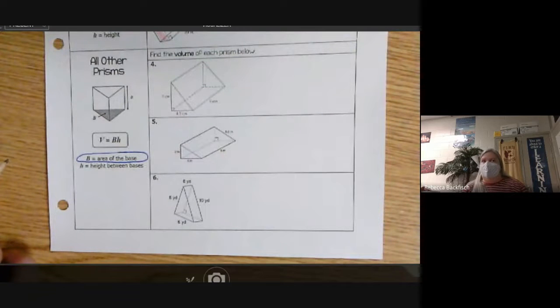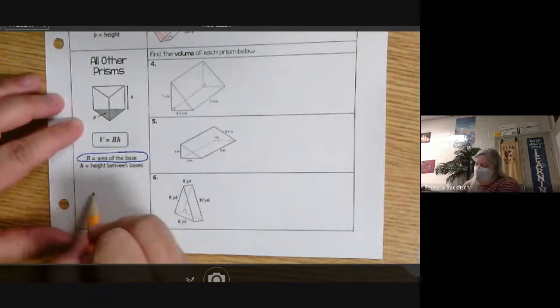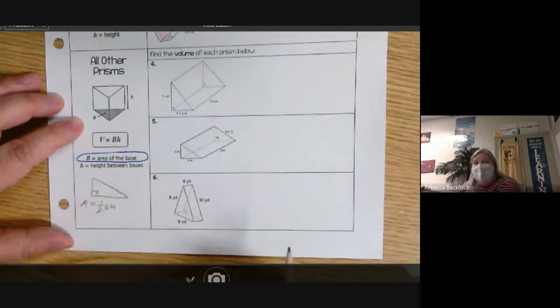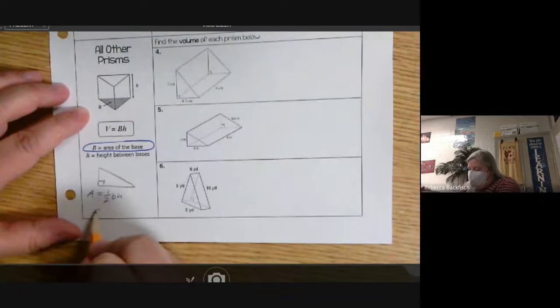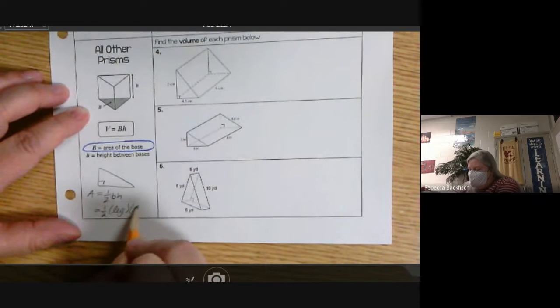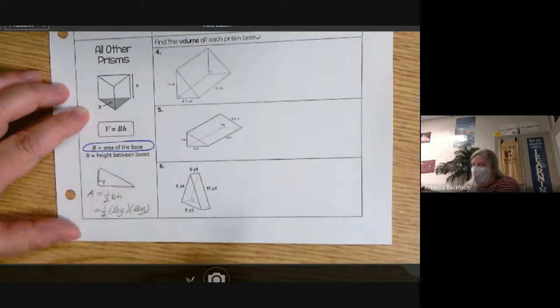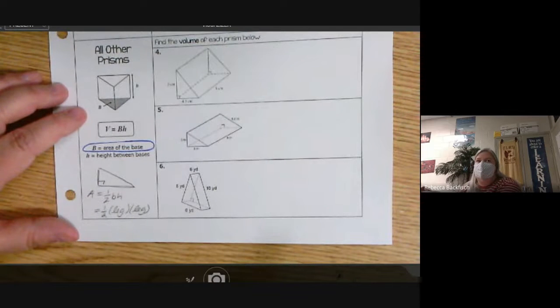With a right triangle, the base and the height can just be the two legs, because they are perpendicular to each other. The height is always supposed to be perpendicular to the base.